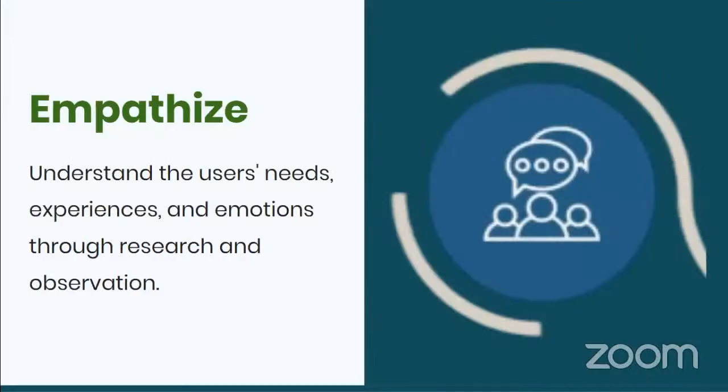Okay, so when we talk about empathy, it's about understanding the user's needs, experiences, and emotions through research and observation. In design, we call this understanding the pain points of the user. So if I'm hungry now and I'm looking tired, obviously because of the hunger, you might not know until you come to me and say, guy, how far? Are you hungry?